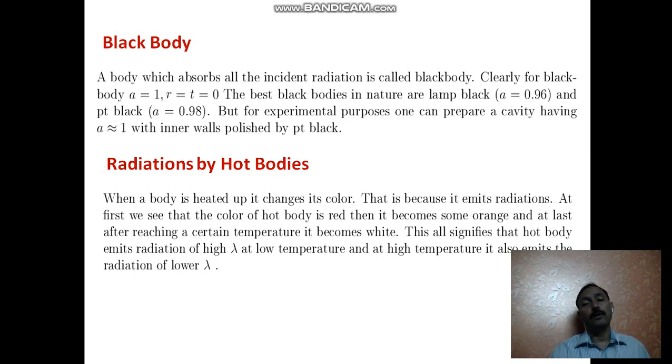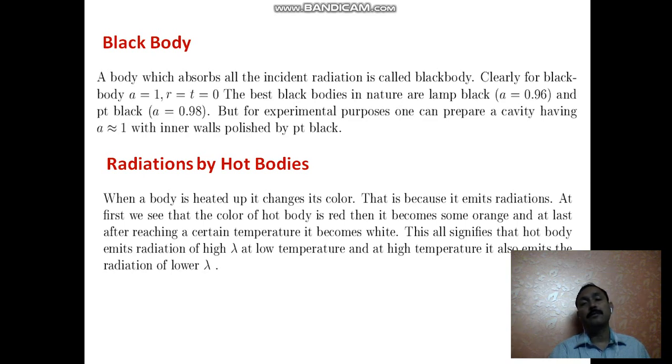Radiations by hot bodies. When a body is heated up, it changes its colors. This is because it emits radiations. At first, we see the color of a hot body is red.